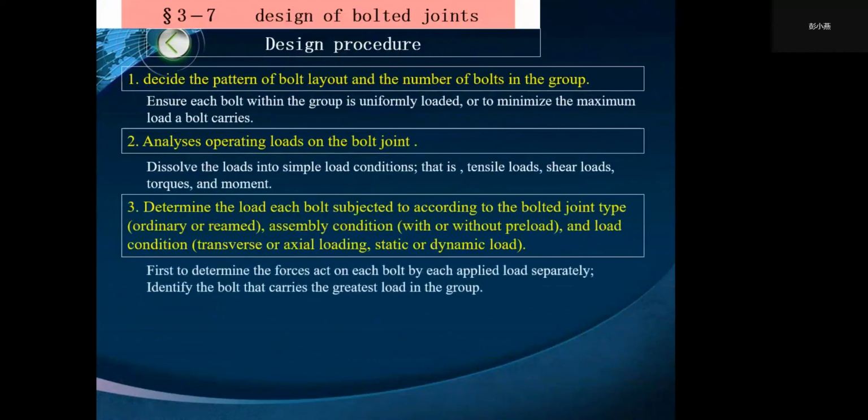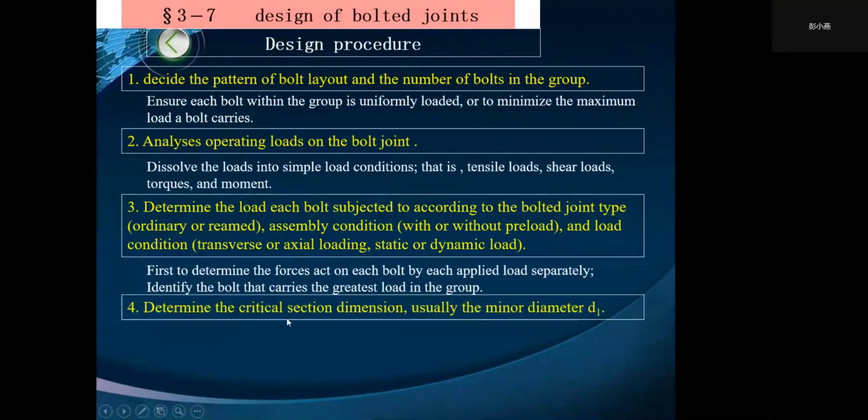And this is the design procedure for bolt. First, decide the pattern of bolt layout and the numbers of bolts, and then analyze operating load on the bolt joint, and then determine the load each bolt is subject to according to the bolt joint type, and then determine the critical section dimension, usually the minor diameter D1.